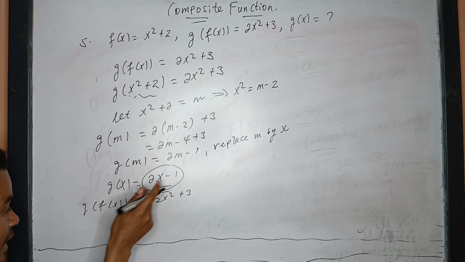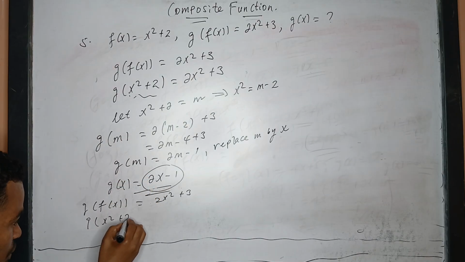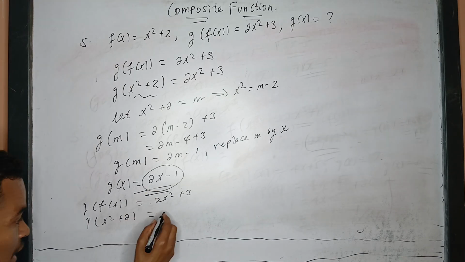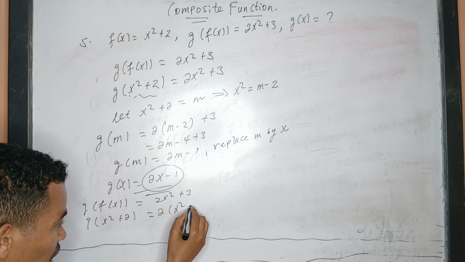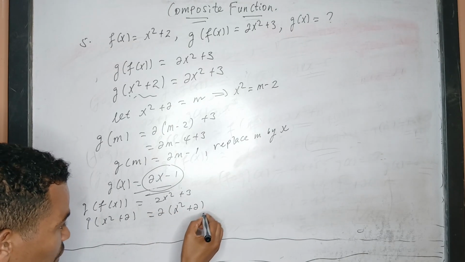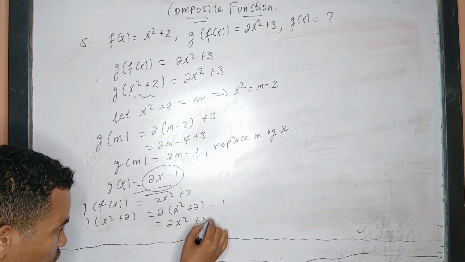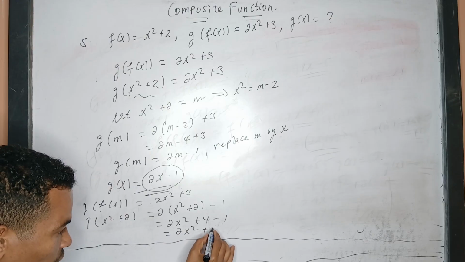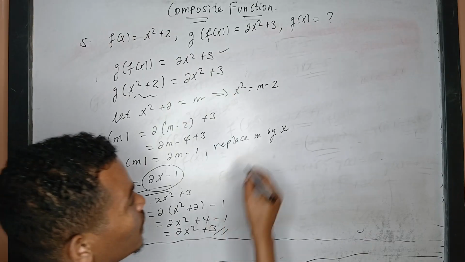So g of f of x is x squared plus 2, and the function g we found is 2x minus 1. So 2 times, in place of x, x squared plus 2, minus 1. That is 2x squared plus 4 minus 1, which is 2x squared plus 3. So we get the same answer. Question number 6.